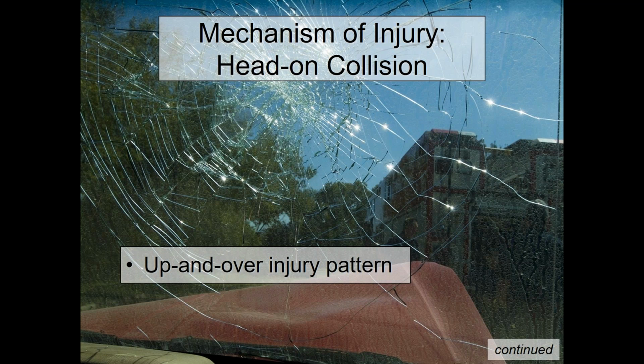So objects in motion stay in motion until acted upon by a force. That force is going to be the head hitting the windshield, the chest hitting the steering wheel, and the legs hitting the dashboard. Steering wheels will break your legs if you're traveling fast enough and you have this kind of thing going on. And we see these head-on collisions and up and over injury patterns an awful lot.